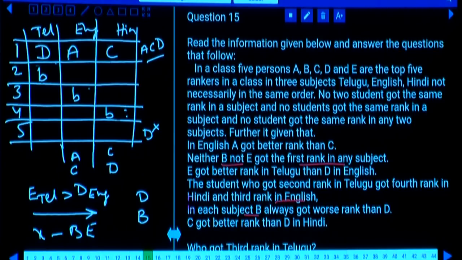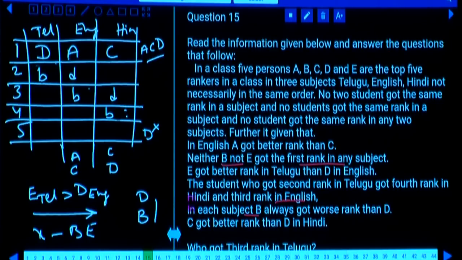If B is at this place, then in all the cases D must always be better than B. As B is here, D can be in any one of these. As D cannot be here, D must be at this place. Isn't it?